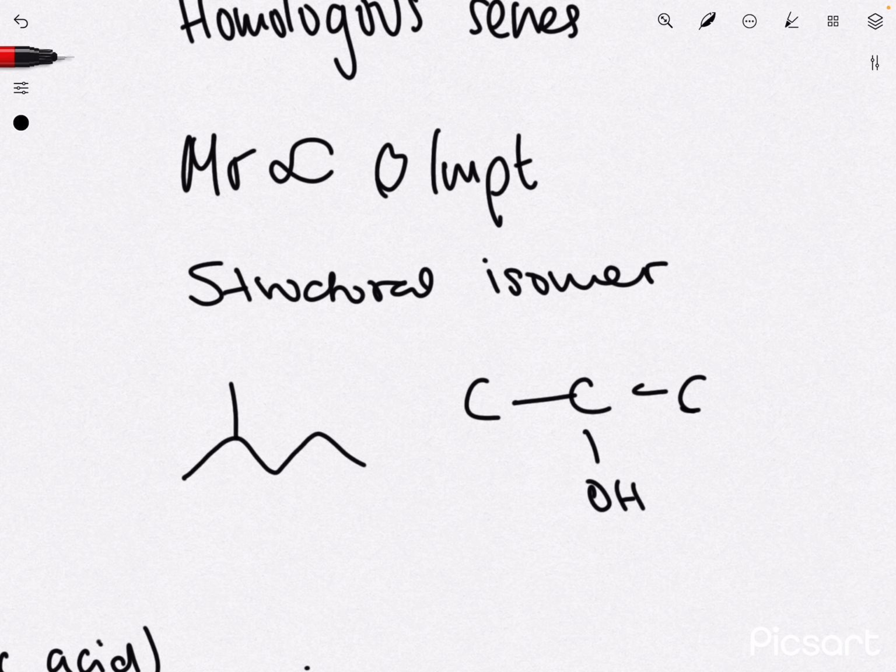This also involves our halogenoalkanes, in which we have halogens bonded onto our alkanes, and our amines, in which we have a nitrogen in there.